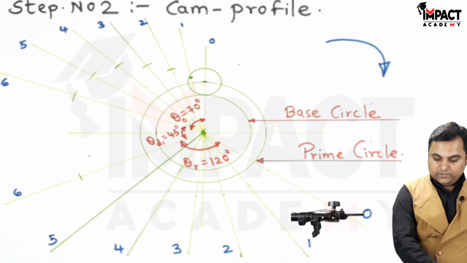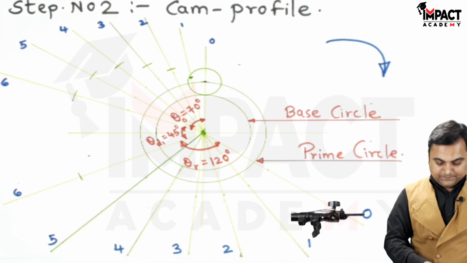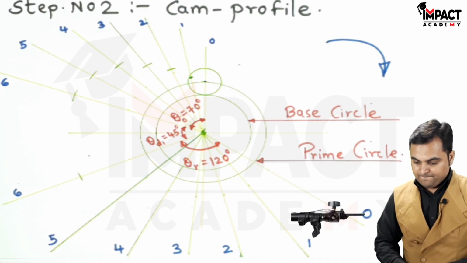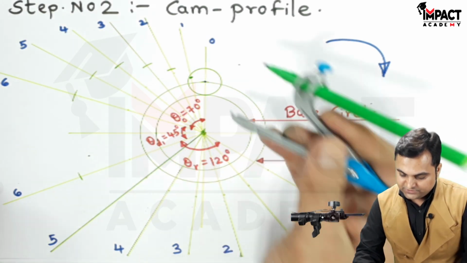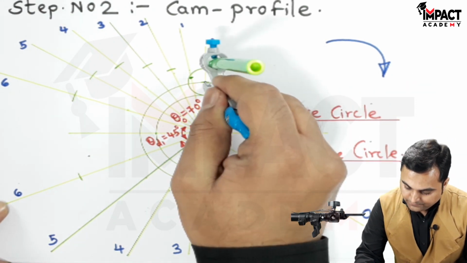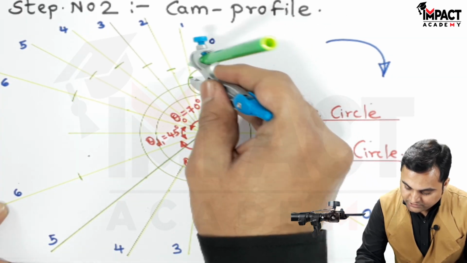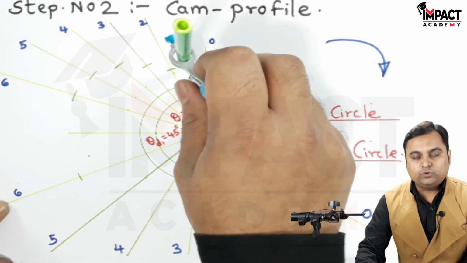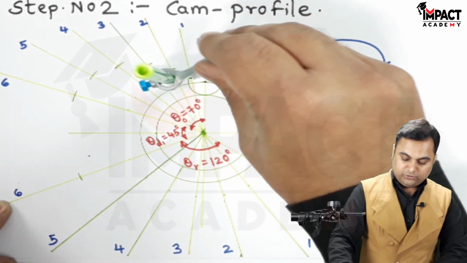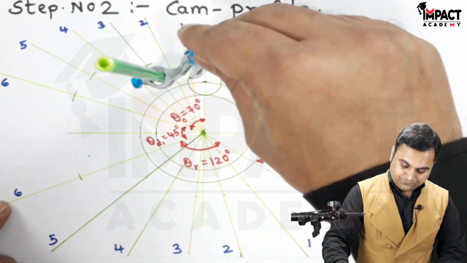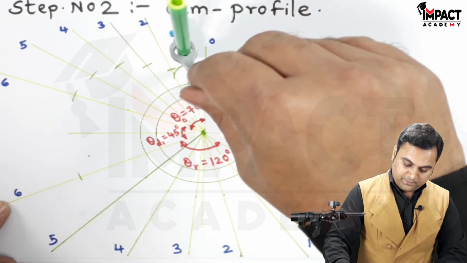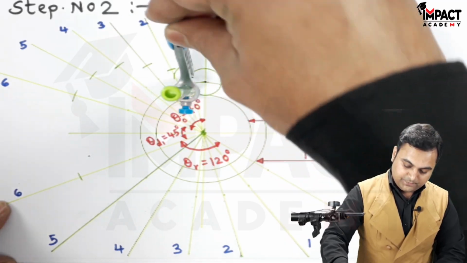So in order to complete it, these are the roller centers which I have got. I am taking the roller radius which is 10 mm, and from these points we need to draw the circle, but there is no need to draw the complete circle. We can just draw a part of the circle as I am showing here.